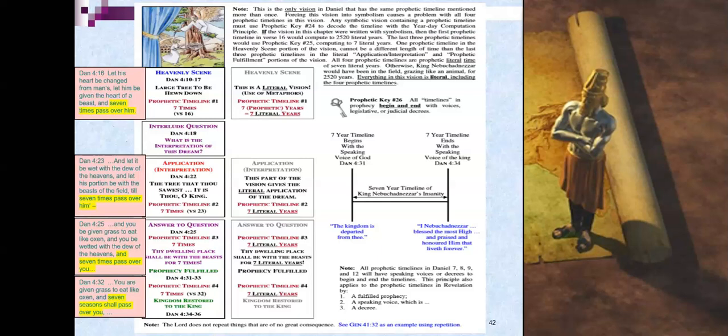If the heavenly scene is symbolic, if you feel that the tree is symbolic, then someone give me the answer to this question. What happens to the timeline in Daniel 4:16, which is given during the heavenly scene? What kind of a timeline is it if the tree is symbolic? Is it a prophetic symbolic timeline or a prophetic literal timeline?